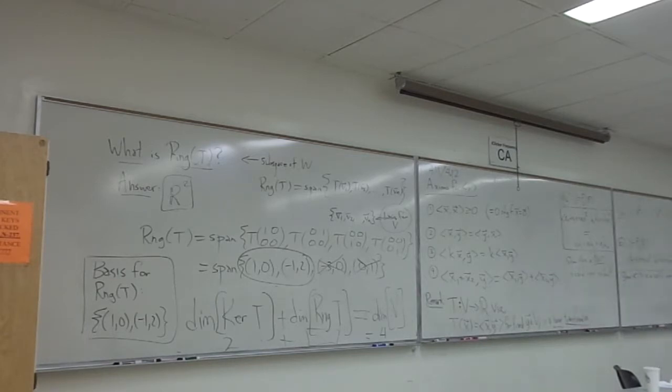I always like to check the first axiom because that's always the one that seems to be problematic. So axiom 1: A naught plus A1x plus A2x squared, inner product with itself. Well, we just use this formula, so all of the b's are really just the same as the a's.